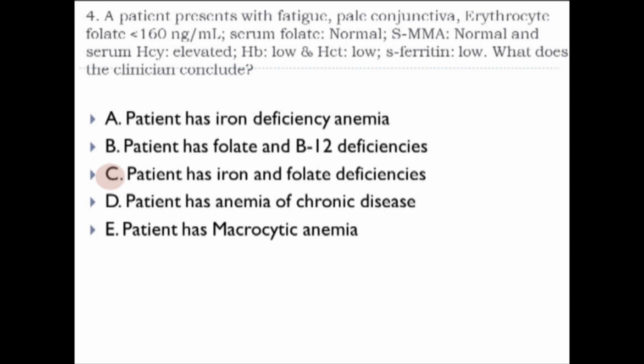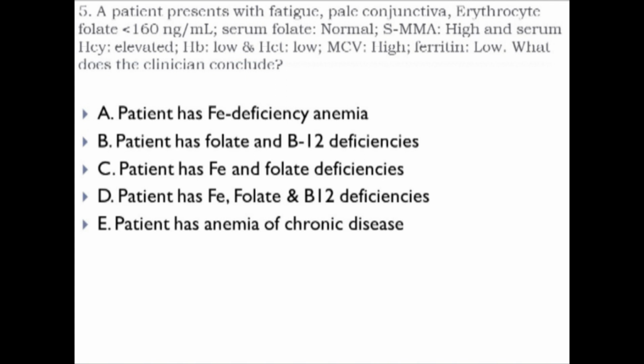But erythrocyte folate, or red blood cell folate, is more stable and reflective of a more long-term dietary folate status. And we can see less than 160 is indicative of a folate deficiency. A B12 deficiency can be ruled out because the methylmalonic acid is actually normal. So that leaves us really with an elevated homocysteine and low erythrocyte folate. That helps us conclude that it's a folate deficiency.